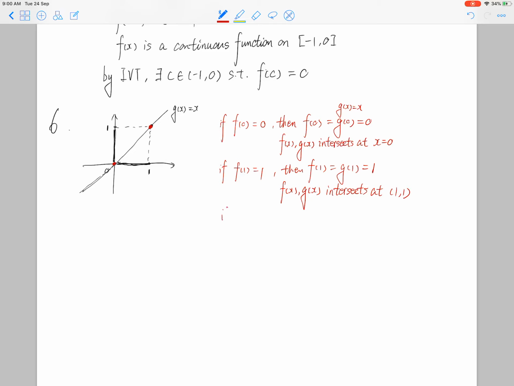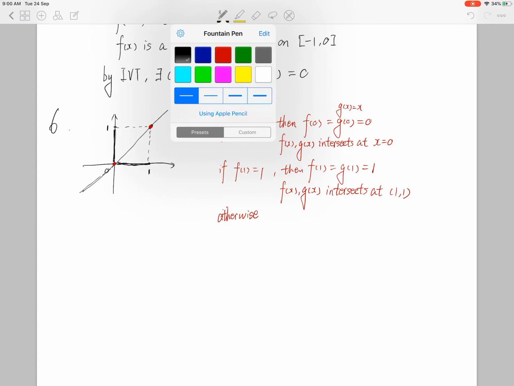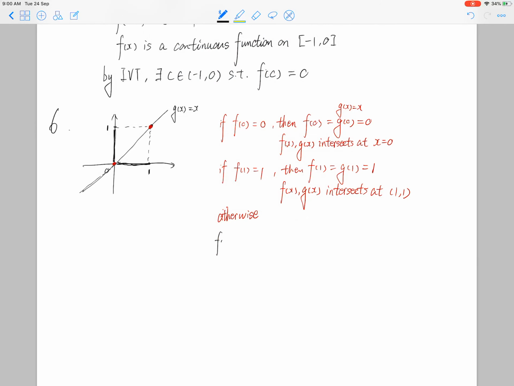Otherwise, first, f(x) is a continuous function, so f(x) minus g(x) is also continuous. Your g(x) is x.